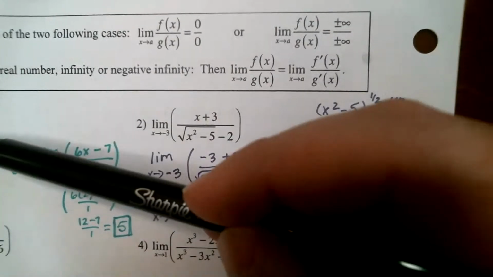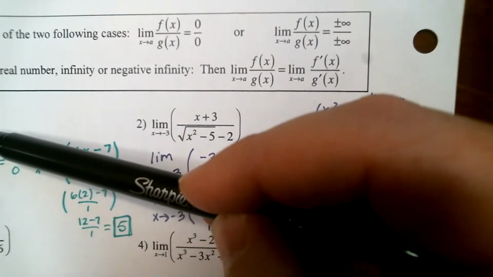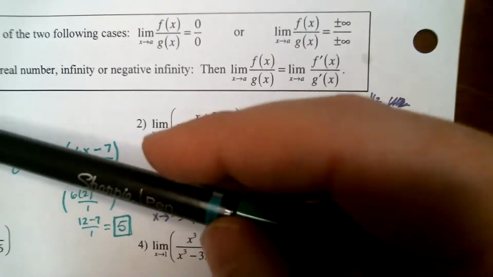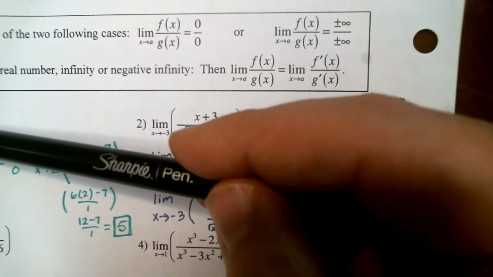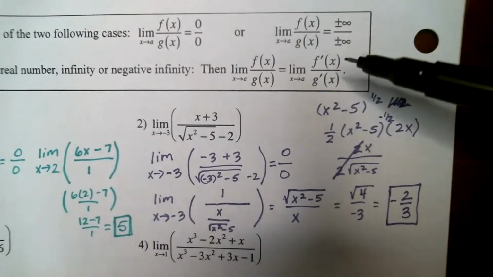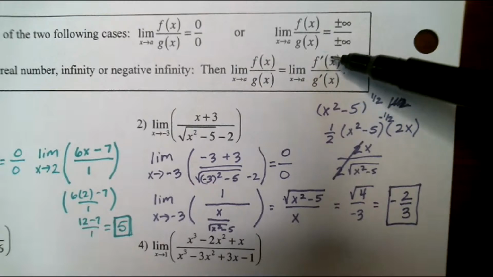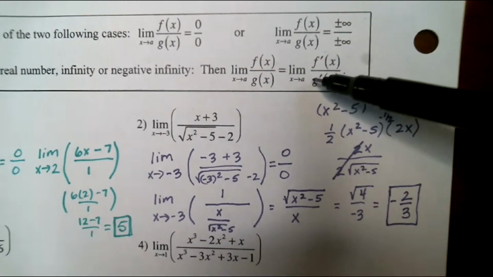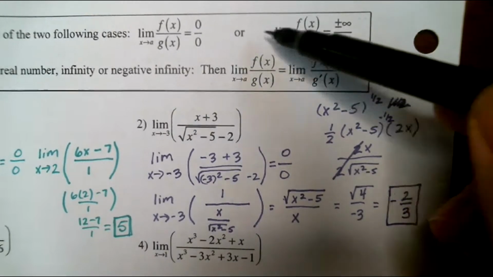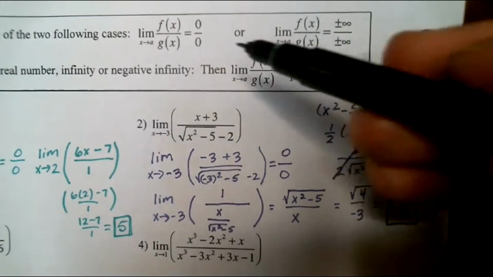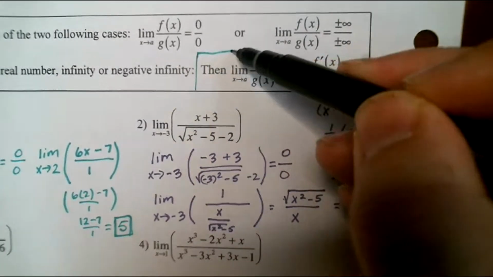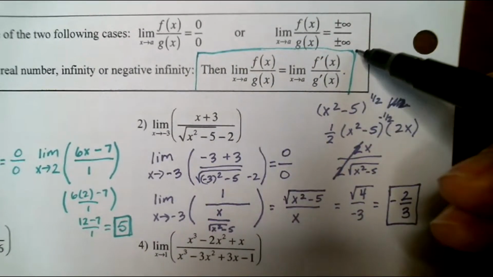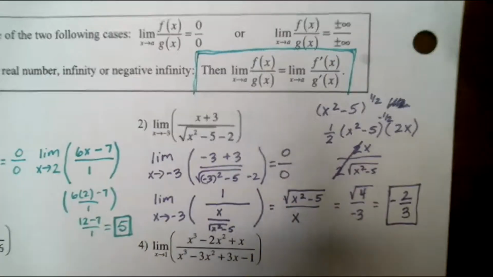Because if you did low D high on this, I think at the bottom you'd have x minus 2 times x minus 2. So that would not allow you to plug in 2 into x. But the reason we can just take the derivative of the numerator and the denominator, sorry about that, is because it's the circumstance for this right here. It is L'Hospital's rule that you can just derive the numerator and derive the denominator.